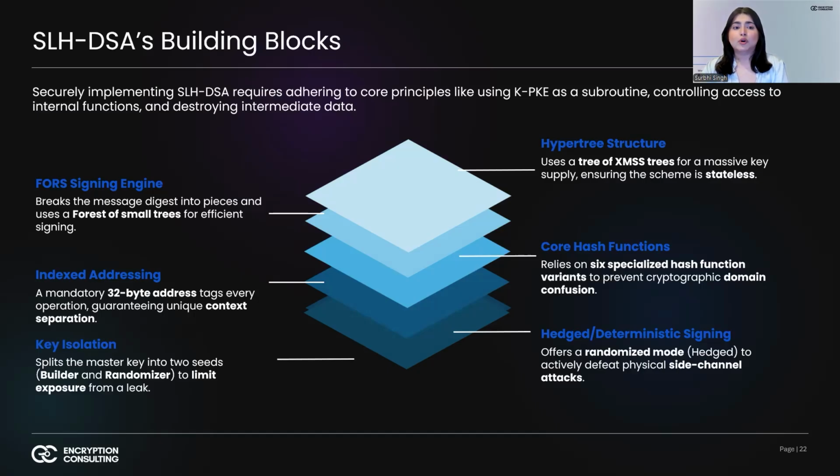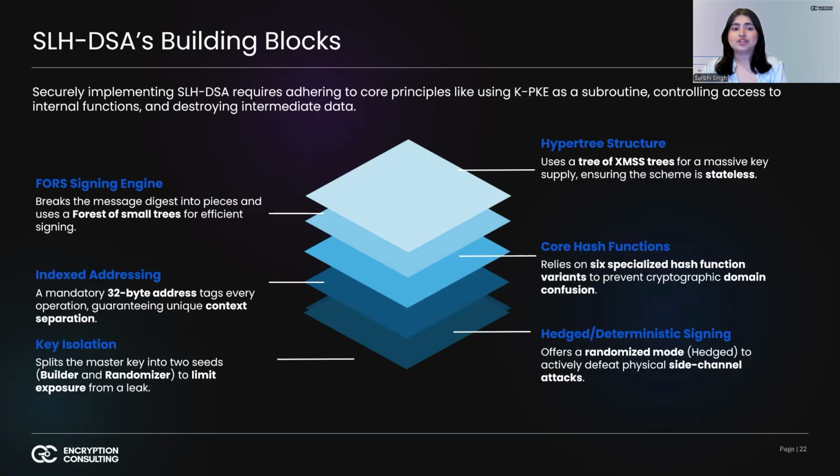The security model protects the master private key by splitting its function between two separate seeds, ensuring a compromise of one does not invalidate the other. The key is divided into the master builder seed, which is used exclusively to pseudo-randomly derive all the temporary secret keys for the FORS and WOTS+ components across the entire hypertree, and the randomizer key, which is used only for generating the random number R for message hashing.